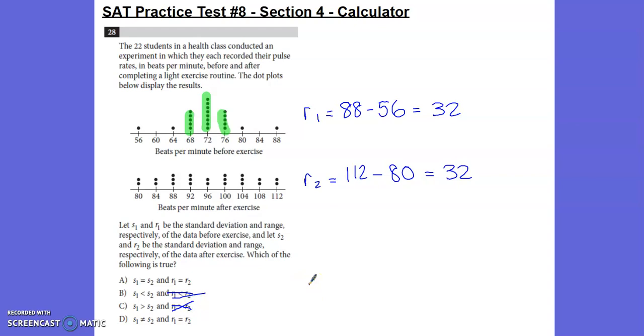Will the standard deviations of these data sets be the same, or will they be different? If we think about this stack of data points that we highlighted a few minutes ago, those data points are not going to differ from the mean of the first data set at all. A lot of the data points of the first data set are either already at the mean or not differing from it by very much.